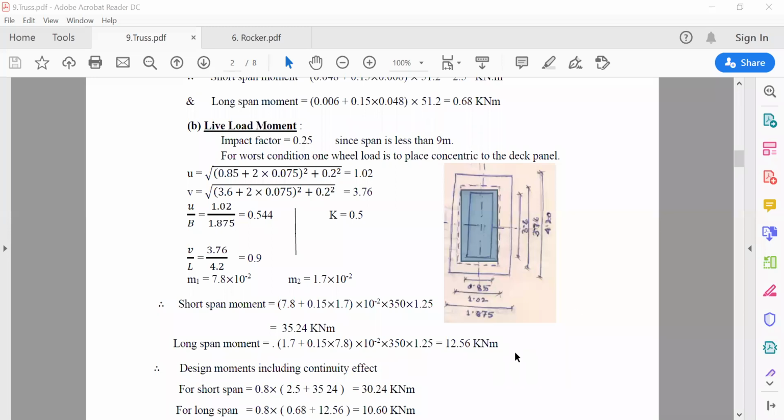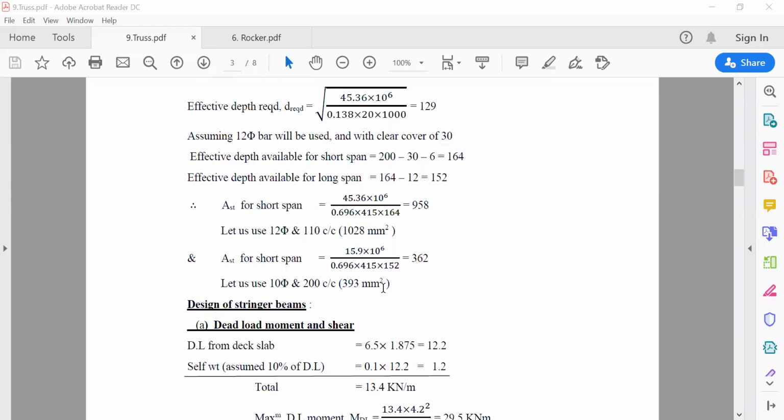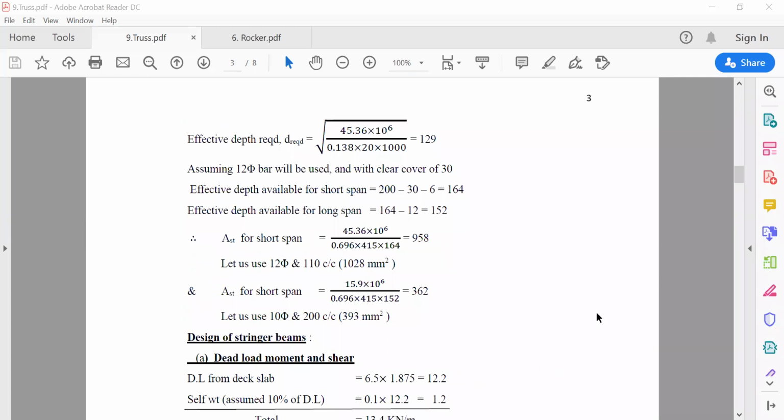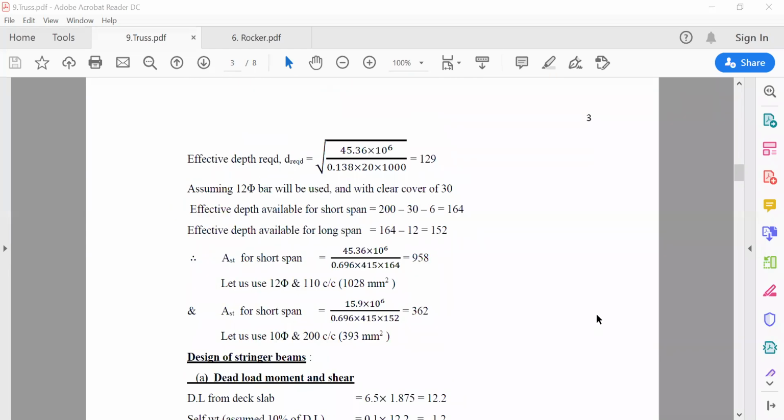Okay, so yesterday we found out the area of steel and all required for the deck slab. Three parts were there: deck slab, stringer beam, and cross girder. I hope you have seen my videos and got an idea how to design a steel beam, because some of those concepts will be used here.